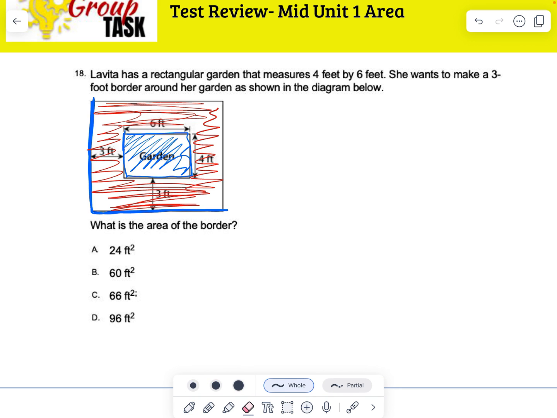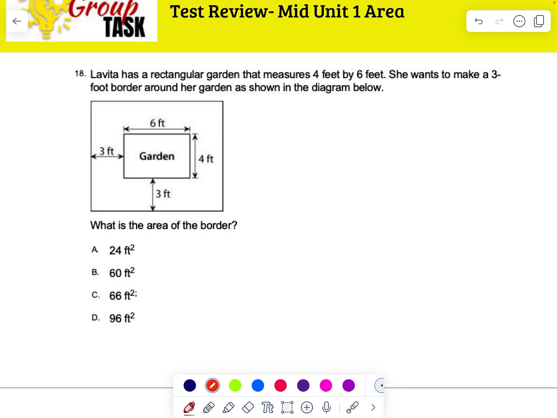I'm going to erase those marks I made so that we can make it easier to see. So if I do the length times the width, let's see if we can figure out what this is. I know from here to here is 3, and from here to here is 6. And then it also says that she wants to put a 3-foot border around it.